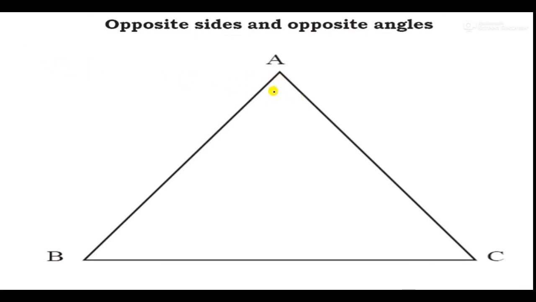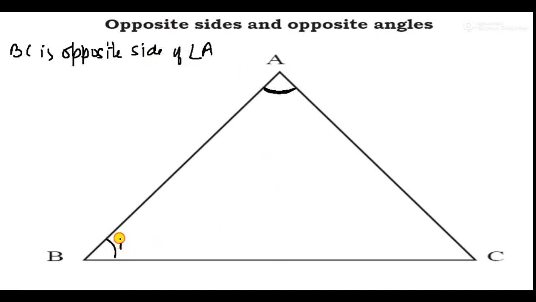Now angle A. Opposite to this one is BC. BC is the opposite side of angle A. So you can write here, BC is the opposite side of angle A. Okay, now you can see here angle B. This is your angle B, it is your angle A. So angle B's opposite side is AC.